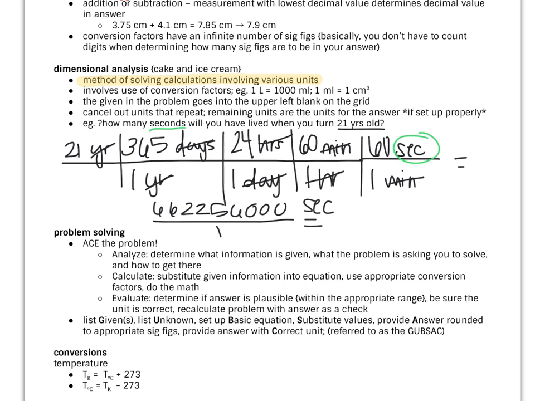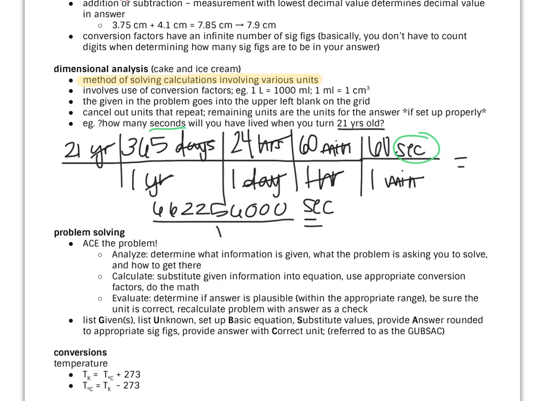Okay, so we had our given that went up here. We canceled out our units, and we ended up with the correct units over here. And our number makes sense, right? So if you accidentally hit a button wrong and you only got like 6,000 seconds, think in your mind, does that make sense?